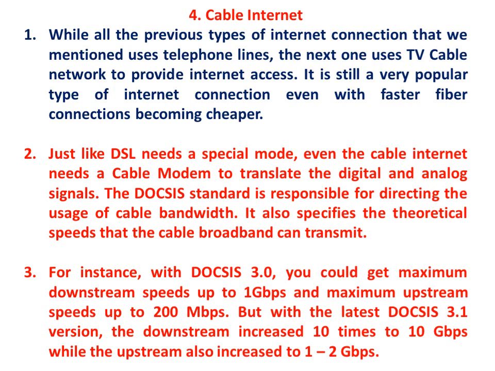With the latest technology adopted in cable internet, the speed has been increased 10 times. So the downstream speed was boosted up to 10 Gbps, and upstream also increased to 2 Gbps.